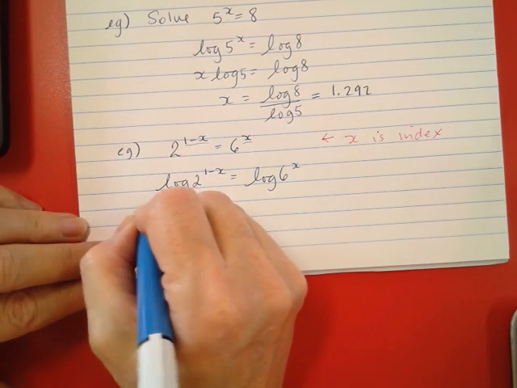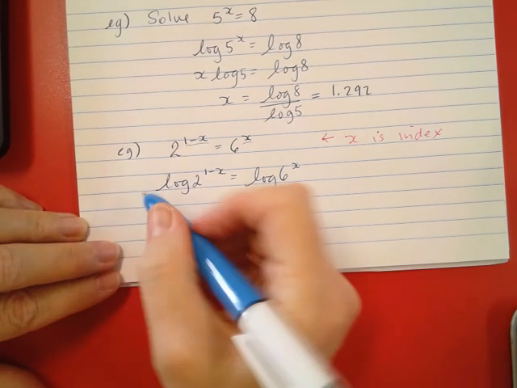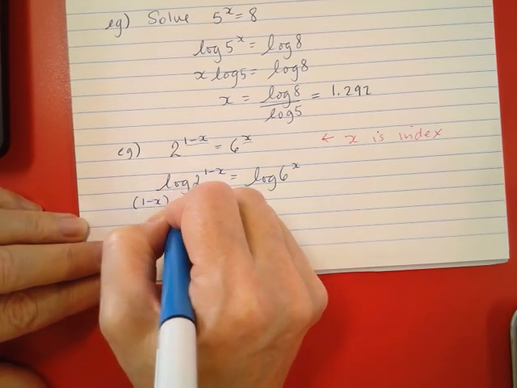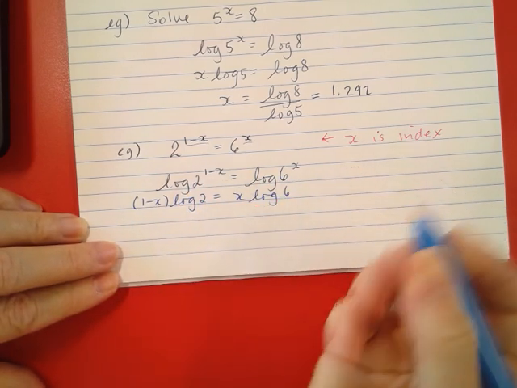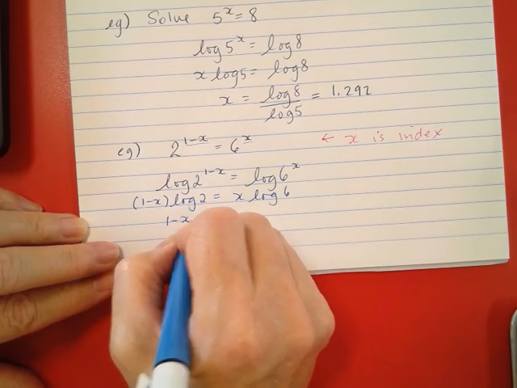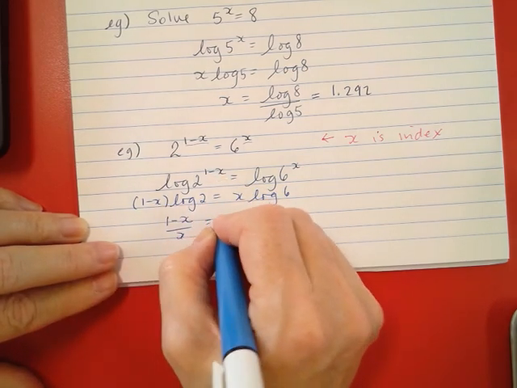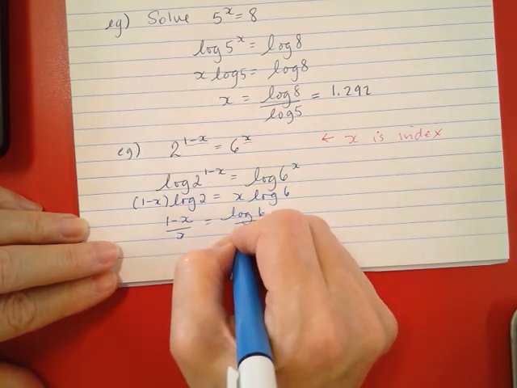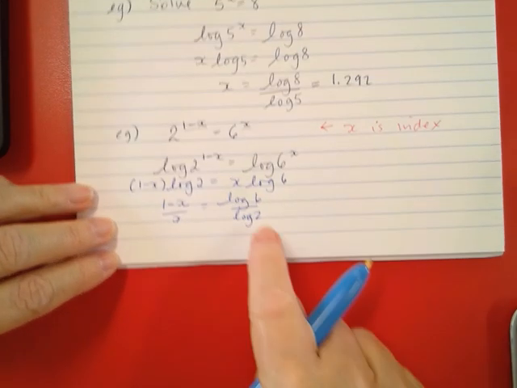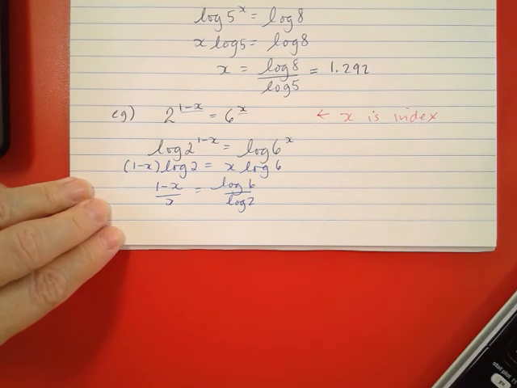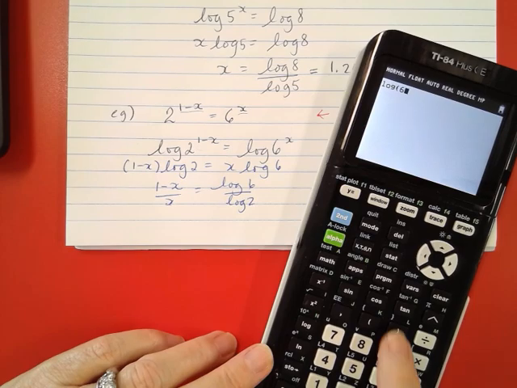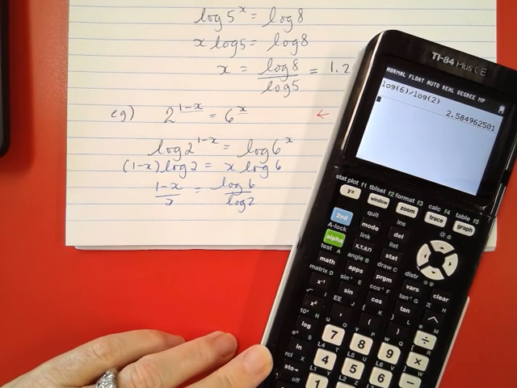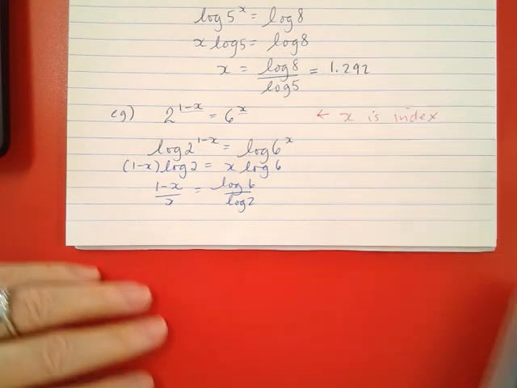so you can get it out. So when I get it out, it comes out as 1 minus x times log 2 equals x times log 6. And so I'll go 1 minus x over x, I'm going to divide by that, equals log 6 over log 2. So this side I just do with the calculator, and I get log 6 divided by log 2, 2.585.